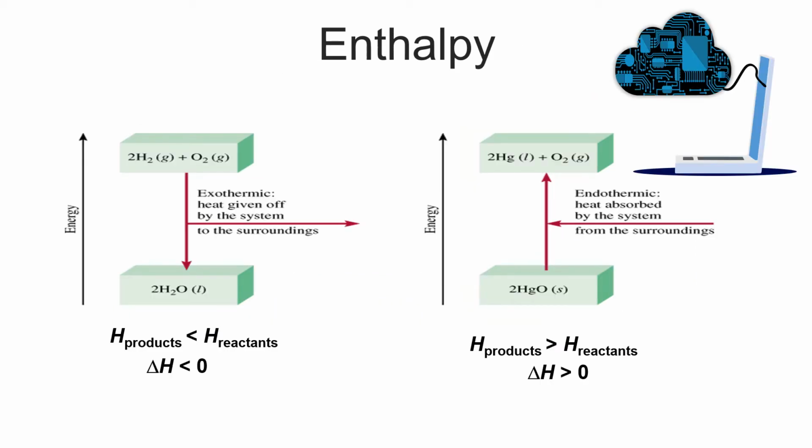Okay, so next is the flowchart of the exothermic and endothermic process. So as I mentioned previously, when it is an exothermic process, the value of delta H is equal to negative. So as we know, the delta H is equal to product minus reactant.